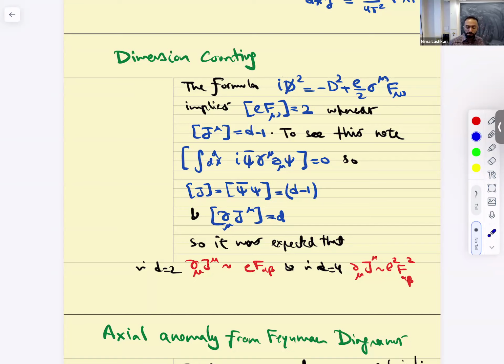Do you have a guess? There's going to be two of these factors, because we need to build two F's. This F came from A mu and some derivative.